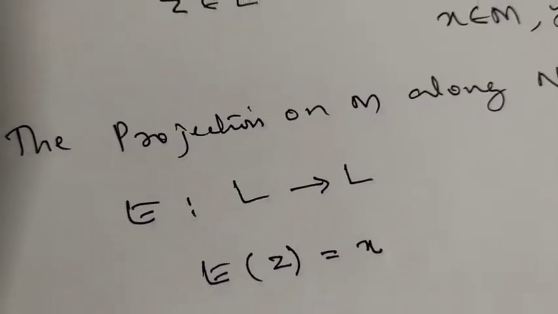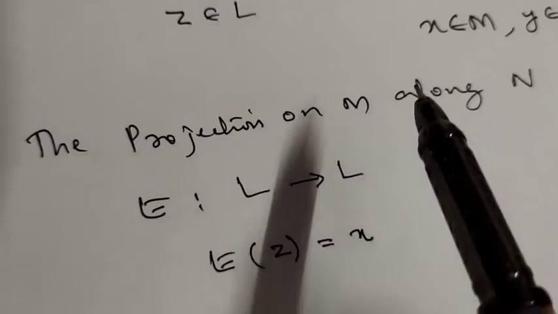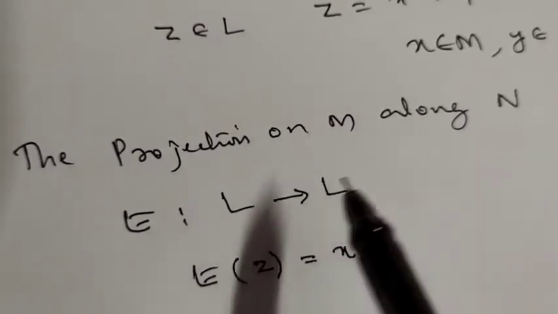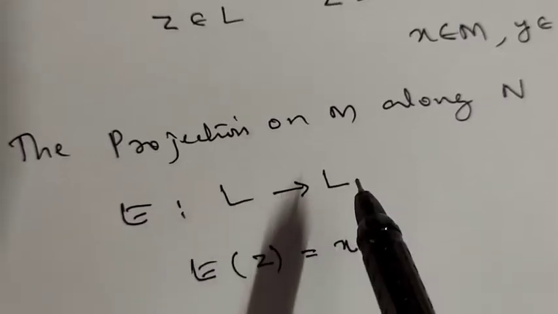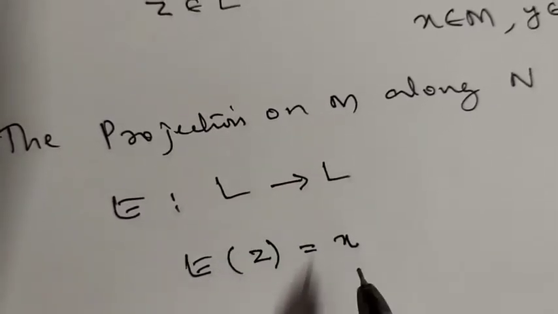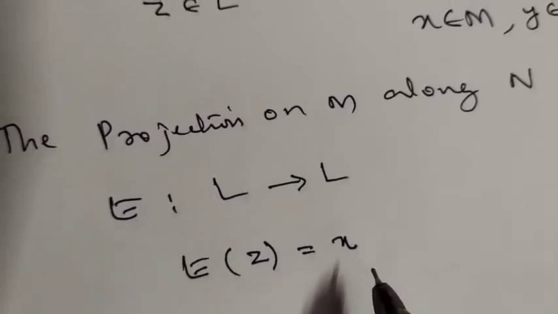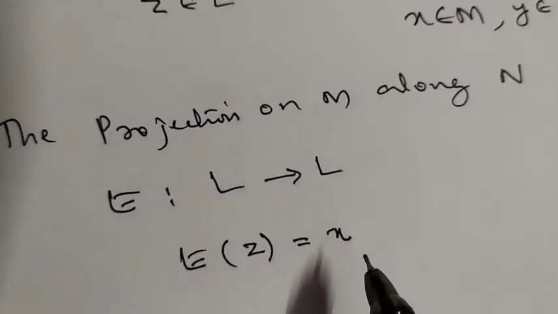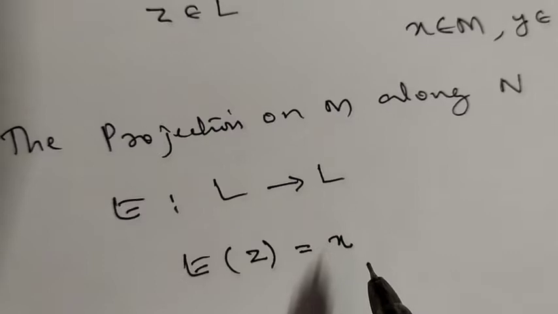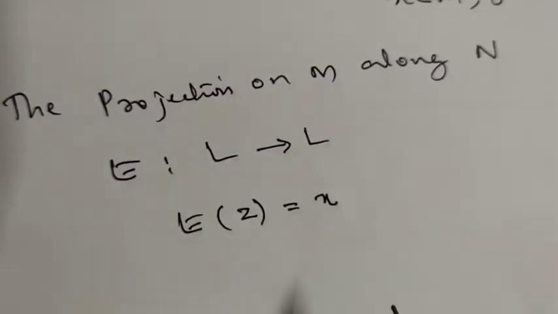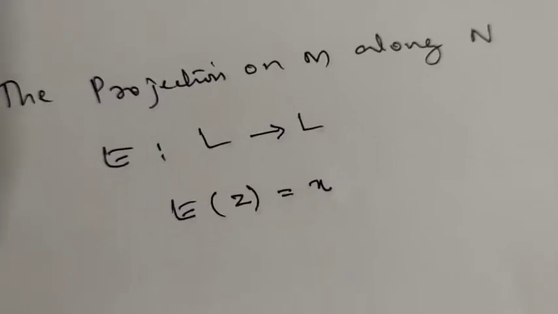E maps every element of L to x. Okay, so this is the projection on M along N. So clearly this operator E is linear, and we can show it now.